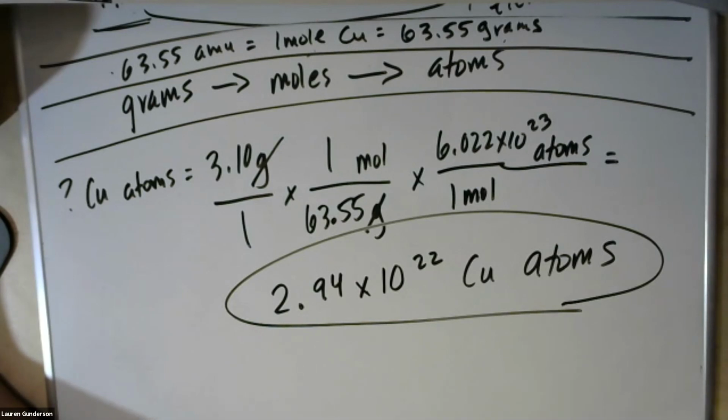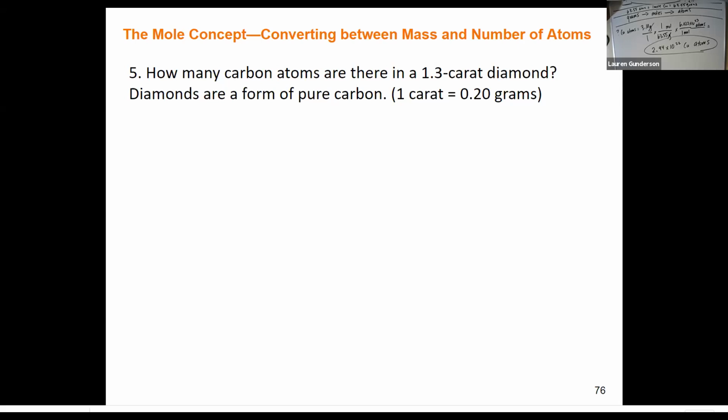Okay, let's take a look at a different one. This one's interesting because it throws a different type of conversion into the mix. And this can happen. In this case, they're just giving you another unit equation for you to use.